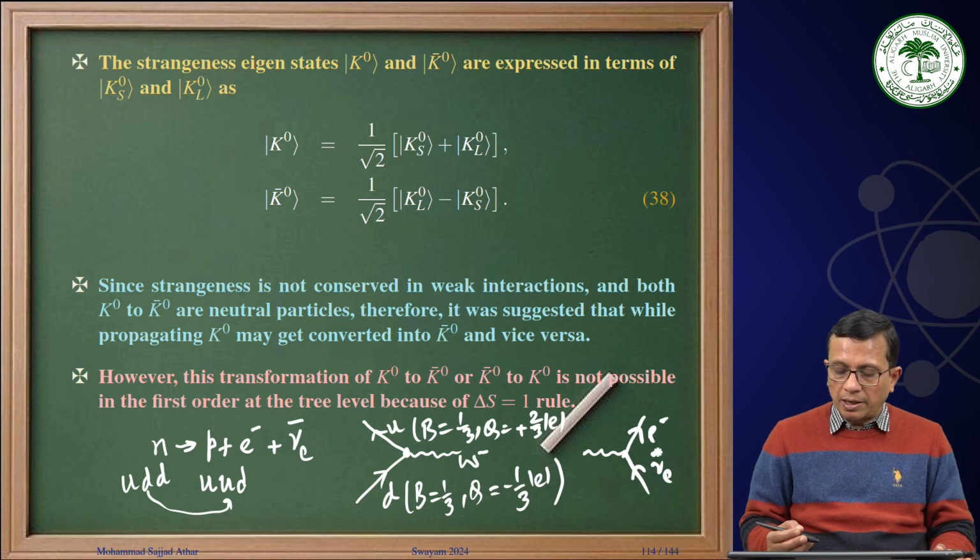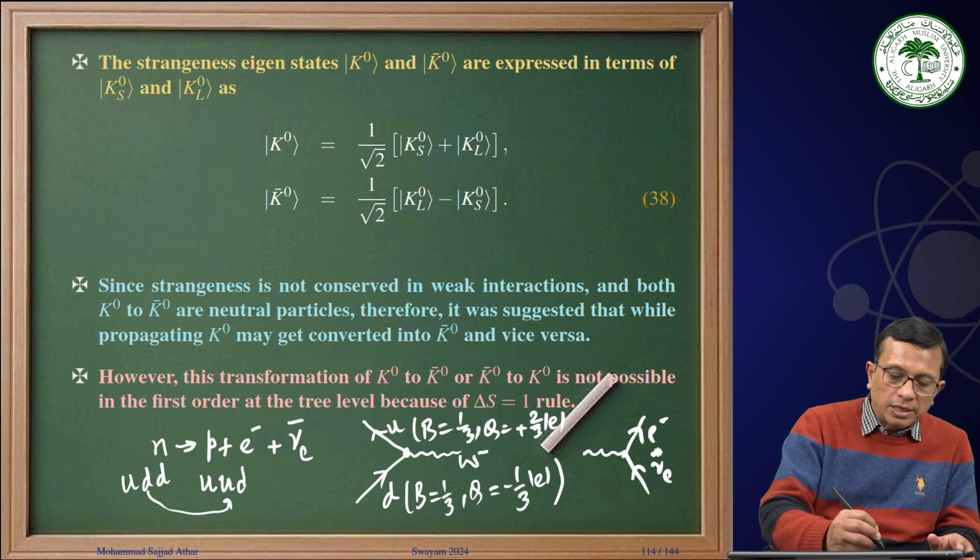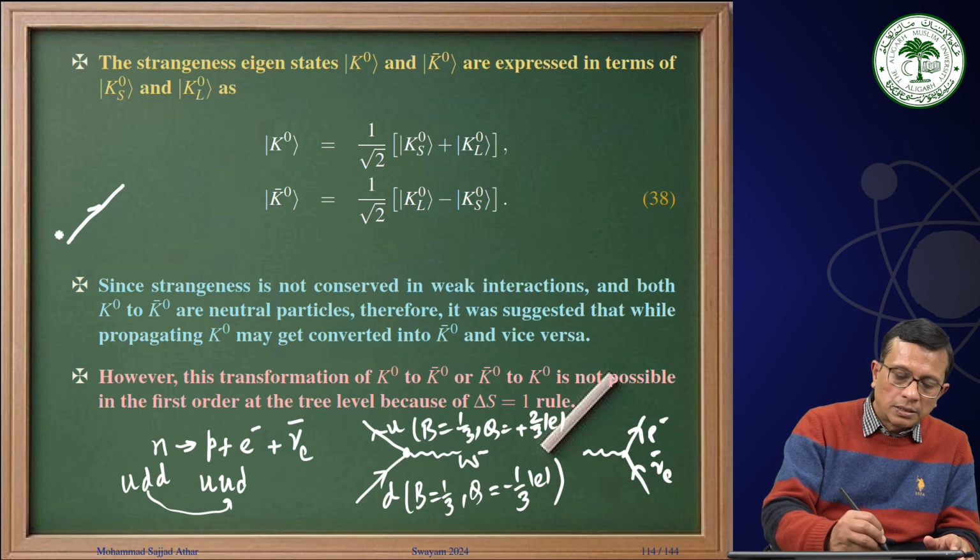To complete the diagram, the neutron decay at the quark level can be shown by the following diagram.